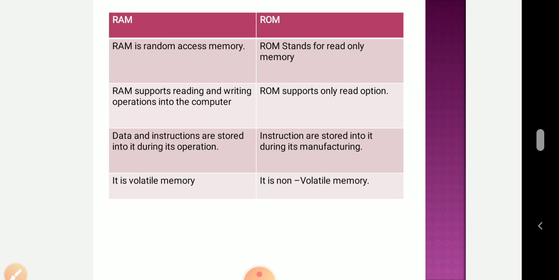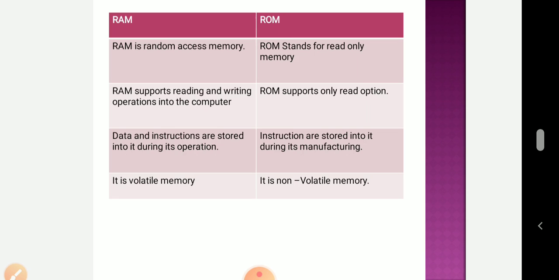RAM supports both reading and writing operations, but ROM supports only and only read operation.